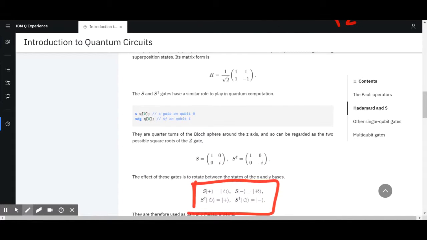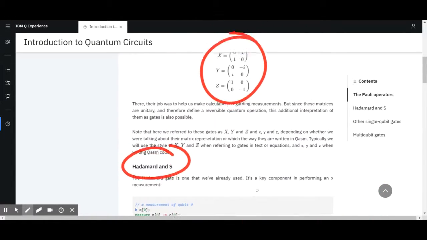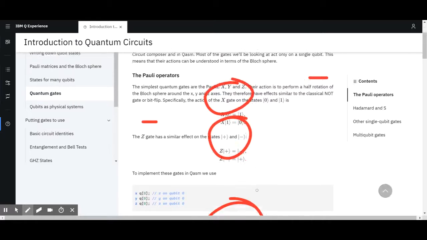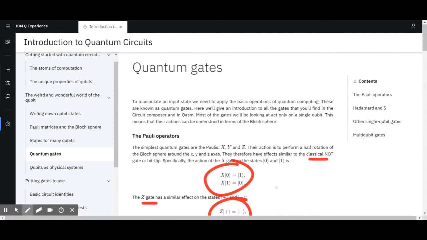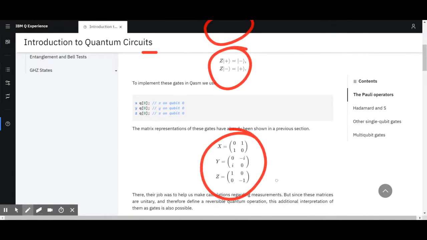So long story short, you've got a bunch of gates that apply rotations or changes in your state, and at an intuition level, you maybe have to get just the gist of what each gate does, more or less.